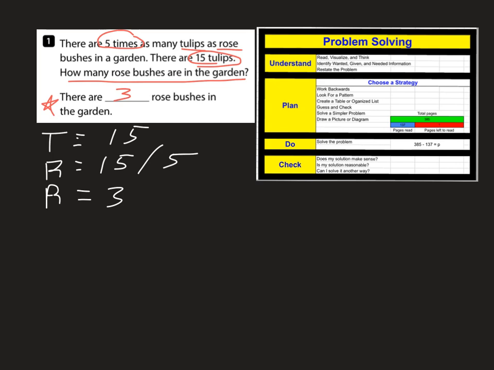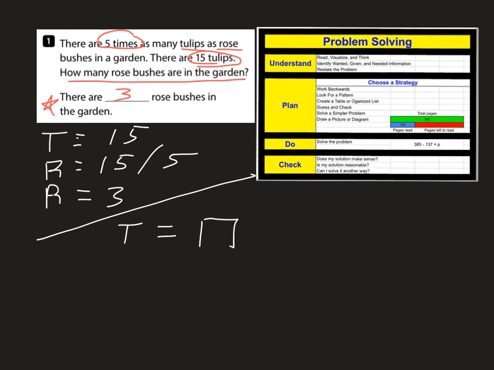But now I'm going to show you the bar model. I absolutely love doing bar models for division problems. Alright, so we're going to go through here and check our work now. We're going to solve it in another way. Alright, so let's go ahead and put our tulips. And I know the tulips are 5 times more than the rose bushes.